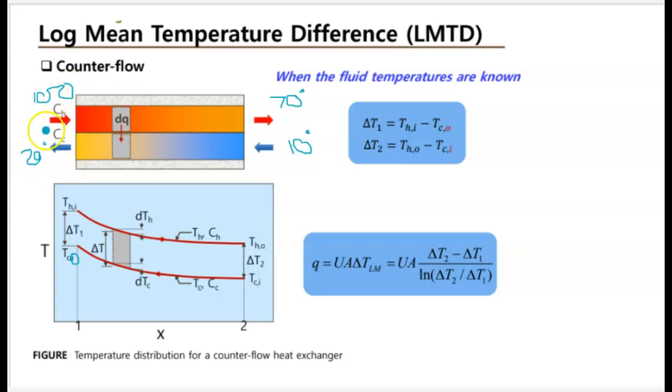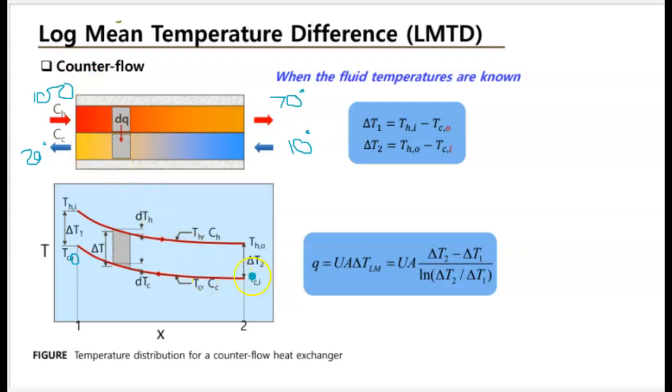So you can see the temperature between 100 and 10. If I do 100 minus 10, that's 90. But if I do 100 minus 20, that's less difference. Hence, you see here, the difference of delta T1 in this case is usually less for the non-counter flow, for the parallel flow. Parallel flow, the difference will be a lot more as compared to this difference. Delta T1 will be bigger for the same temperatures.